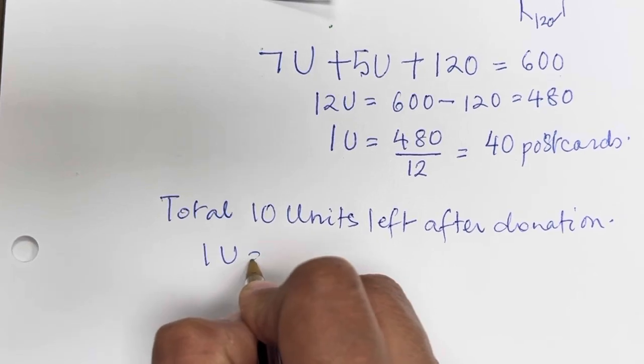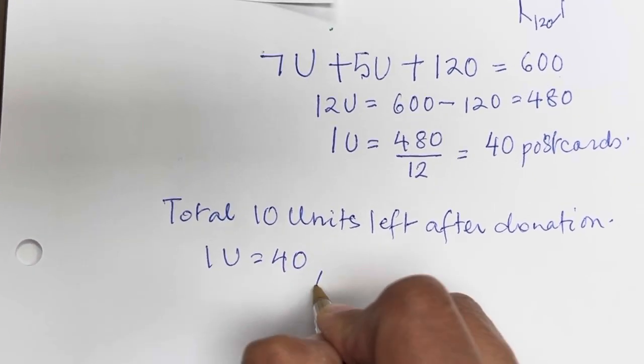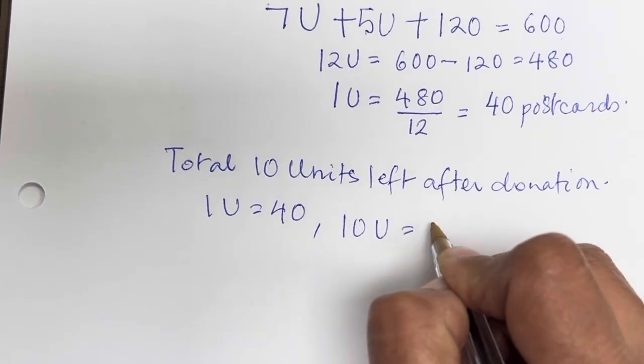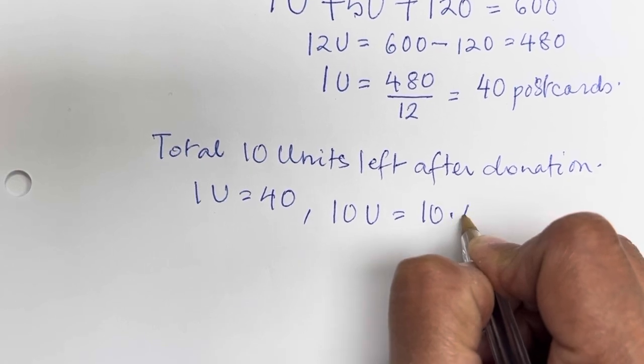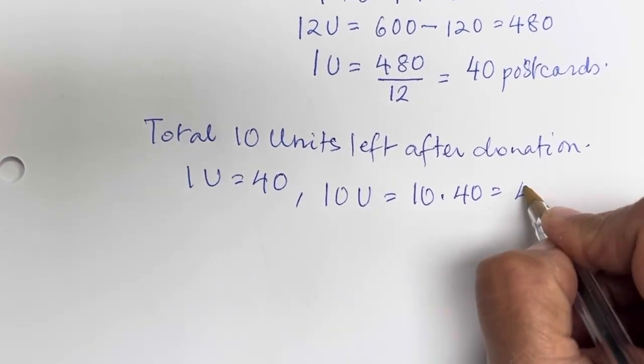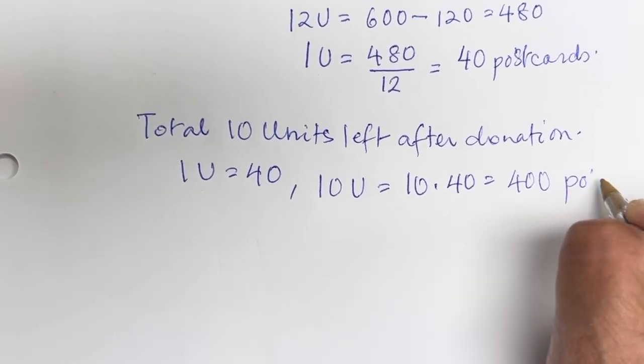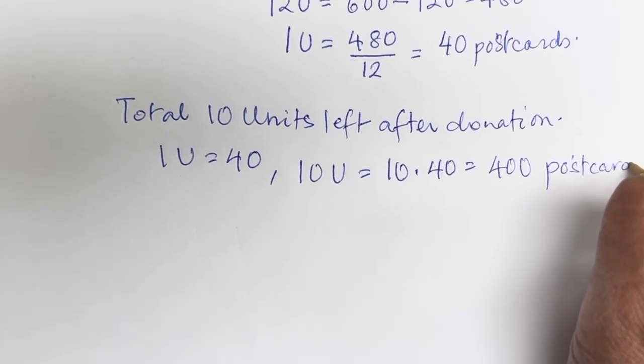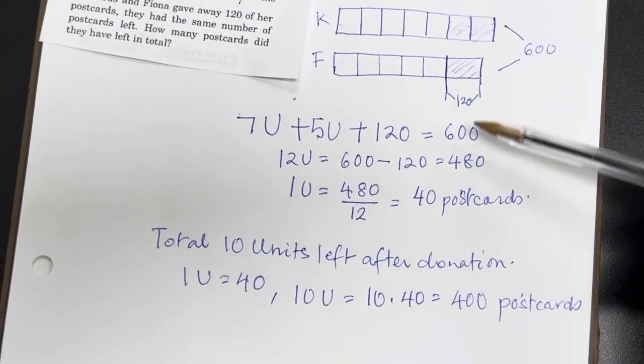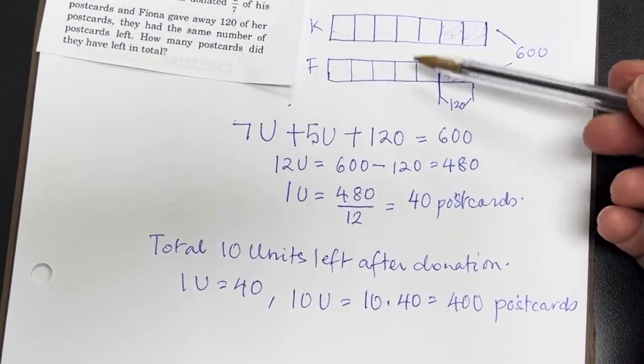And 1 unit equals 40. So 10 units is equal to 10 times 40 is equal to 400 postcards. Remember, both of them have equal, so each has 200 left over.